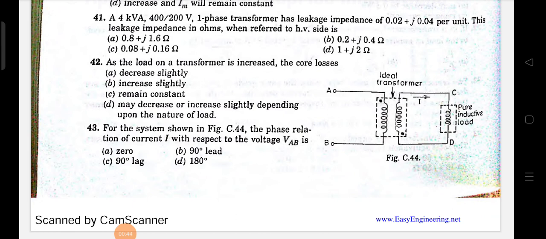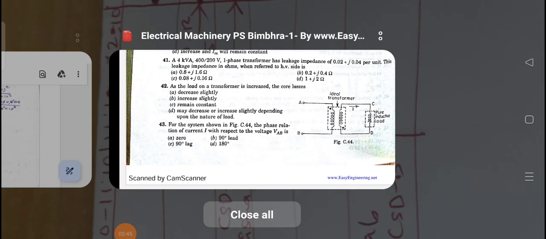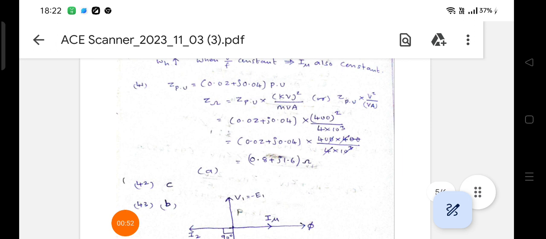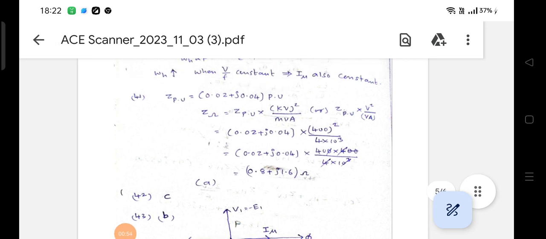That means the formula will be Z ohm is equal to Z per unit into kilovolt square or voltage square divided by kVA rating or MVA rating. Here voltage and kVA rating are given, right? That is Z ohm equals Z per unit into voltage square divided by volt amperes.